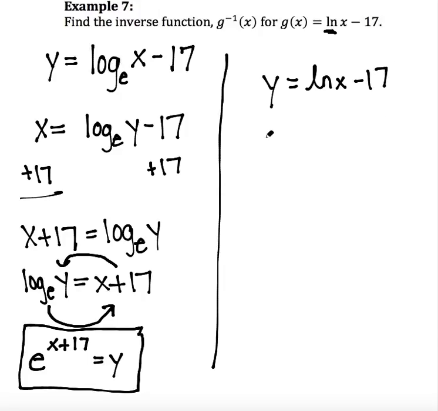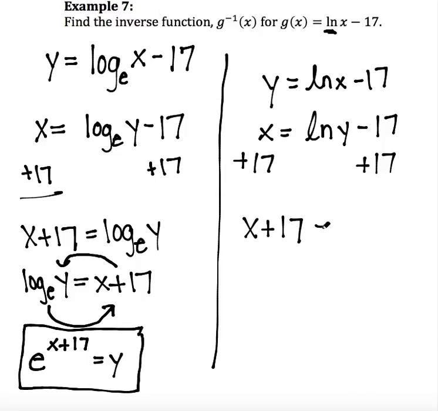We know step 1 is to switch x and y. So x equals natural log of y minus 17. First step, just like the other one, was to add 17 to both sides. So I have x plus 17 is equal to the natural log of y. Well, we know that the inverse of natural log is base e.